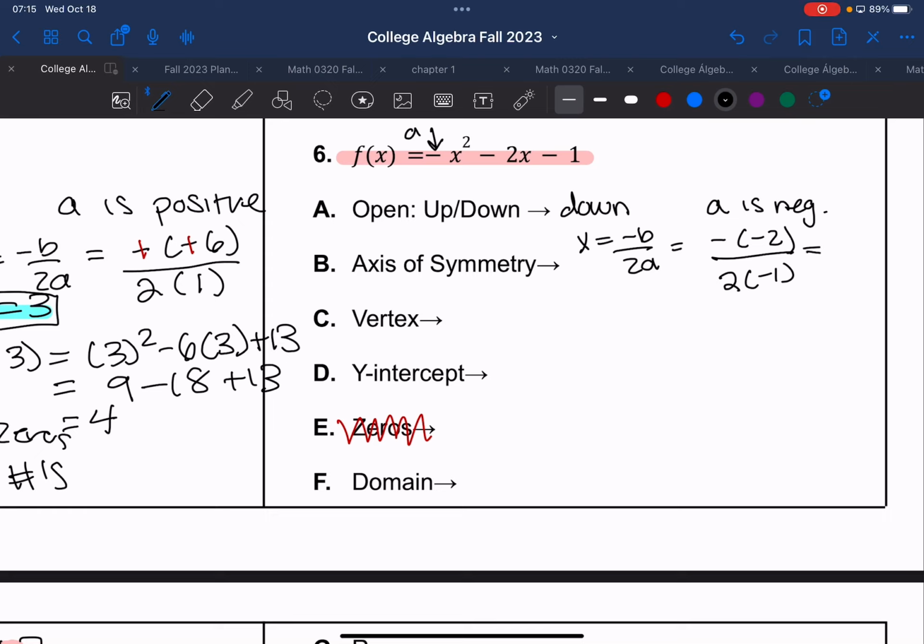So a -2 turns into a +2, and then on the bottom here we have 2 times -1, which is -2. So that means our axis of symmetry is x equals -1. 2 divided by -2 is -1. So that's our axis of symmetry.